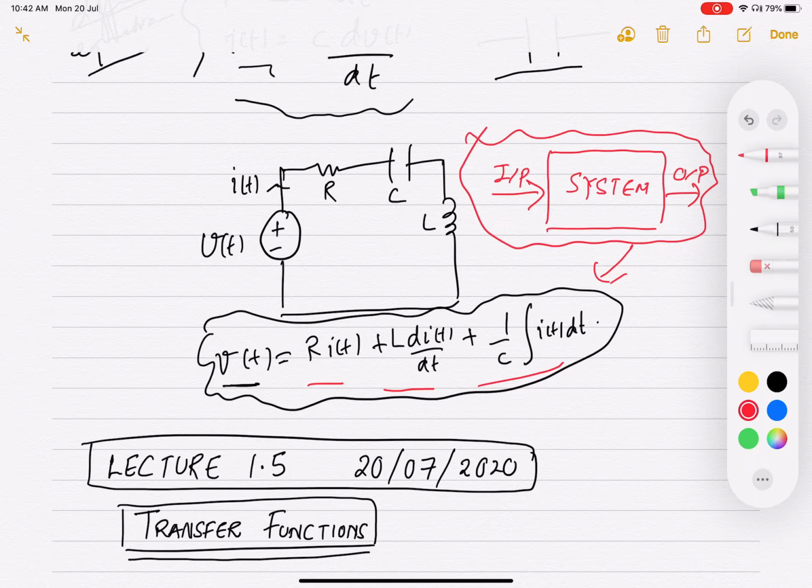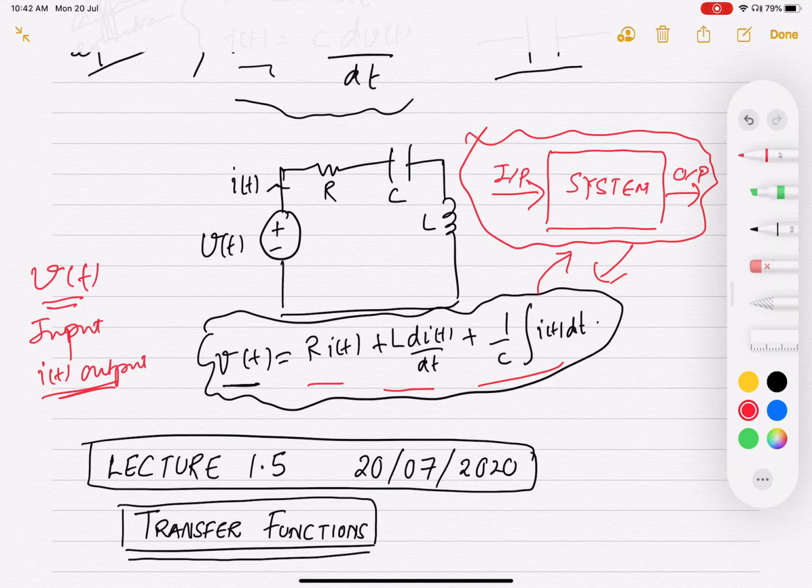Assuming that voltage is the input to this system, an electrical system which is responding to certain inputs, and assuming current to be the output for this system, which is a circuit right now, is there some way by which we can have this kind of a representation for it?